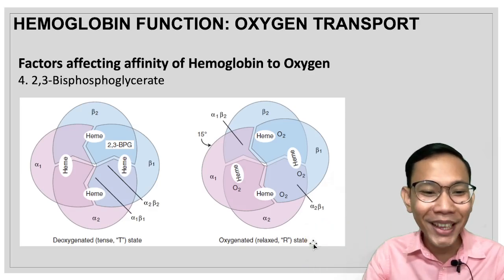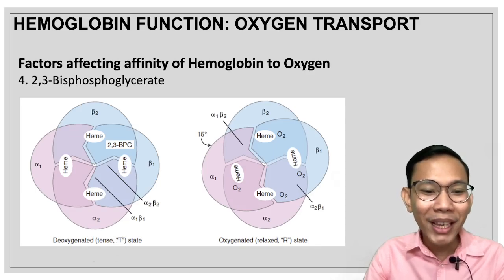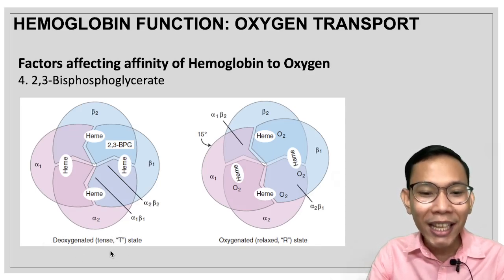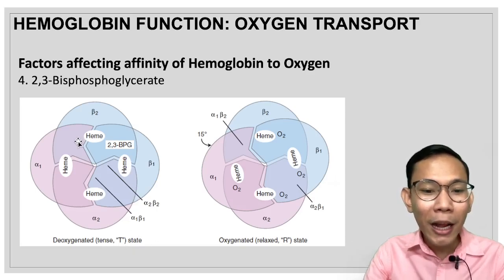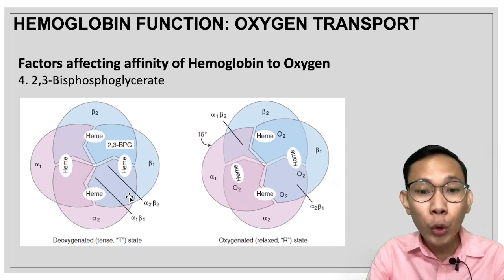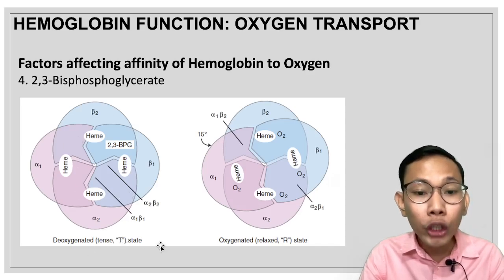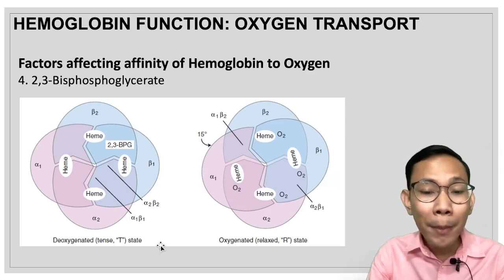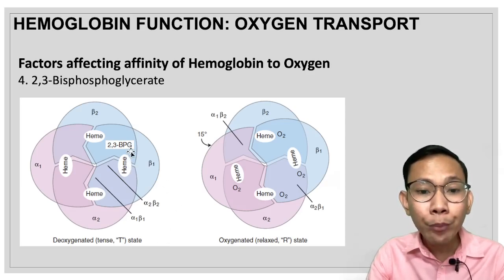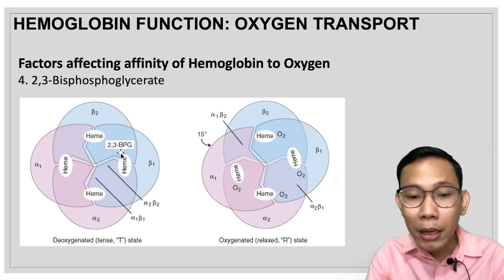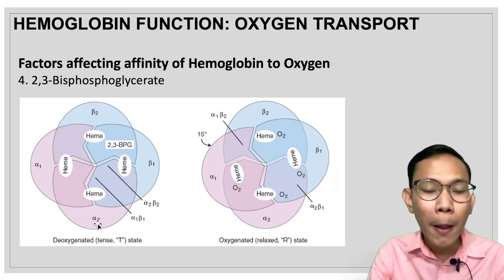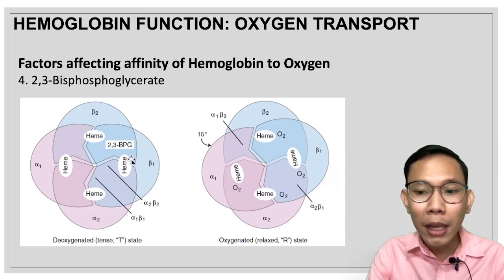That's just my mnemonics. So tingnan natin, in the deoxygenated or T state, the hemoglobin tetramer assumes a tense or T conformation that is stabilized by the binding of 2,3-BPG between the globins. So pag deoxygenated, nag-a-attach yung ating 2,3-BPG.